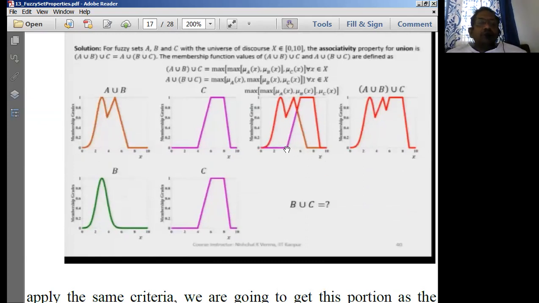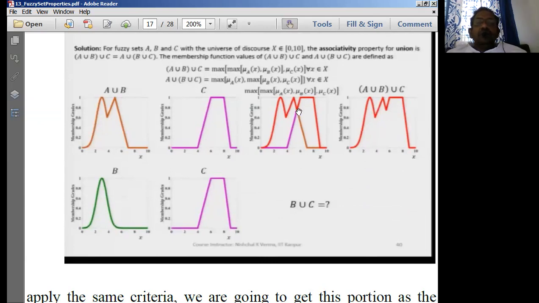The values are important now. Before 6, somewhere between 4 and 5, you have the maximum value for this triangular function. Then this triangular function is simply decreasing, somewhere at 7 it is dropping. It is starting at 4, and somewhere at 6 it is reaching the maximum. So it is going to make up with this.